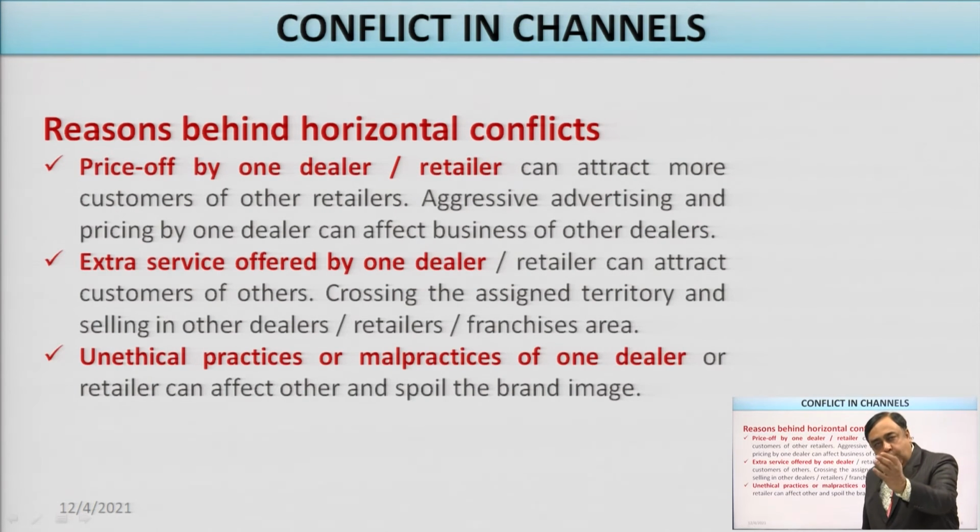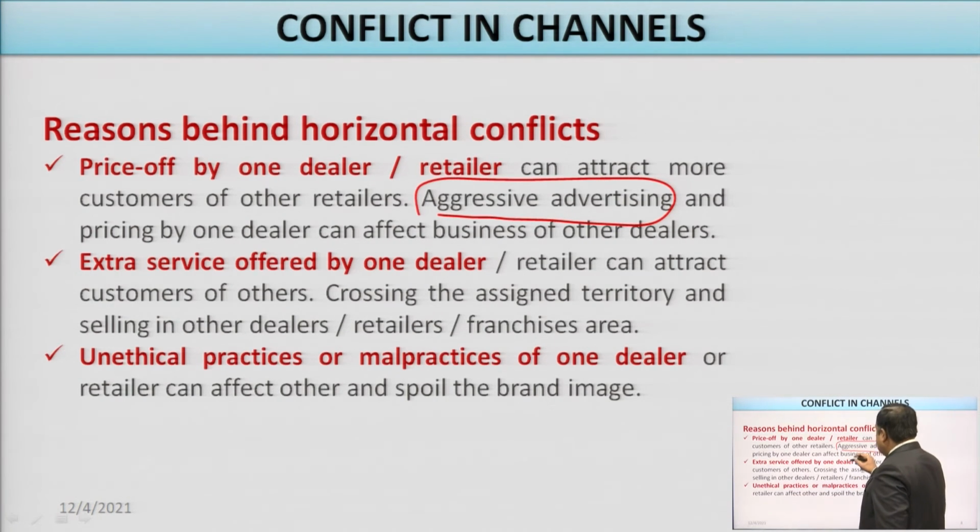The person from whom the customers are migrating will be losing his revenue or profit. Aggressive advertising and pricing by one dealer can also affect the business of the other dealers. This is another reason for dispute to take place.